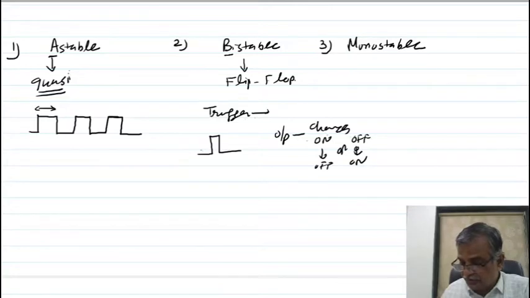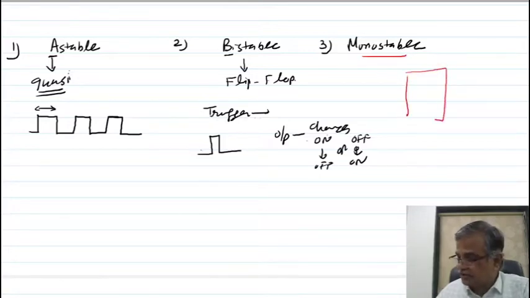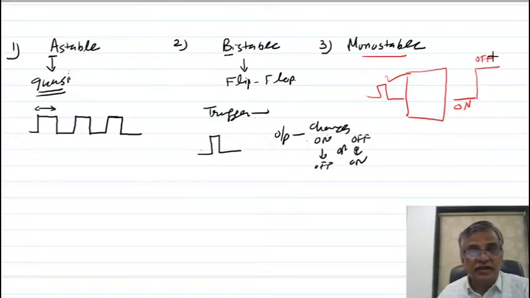Now the third is the monostable. A monostable has one stable state. As you apply the trigger, the output is changed from on to off, and the circuit remains in this state depending upon the time constant of the RC circuit, and then it comes back to its original state.